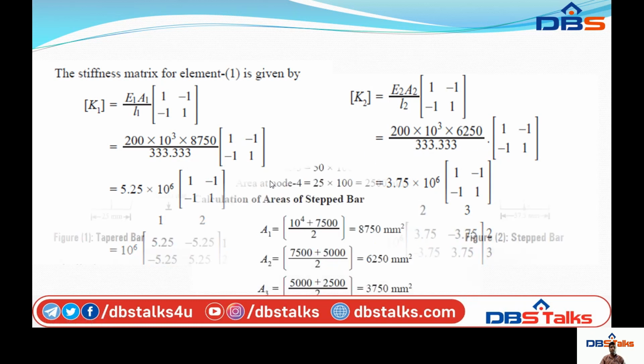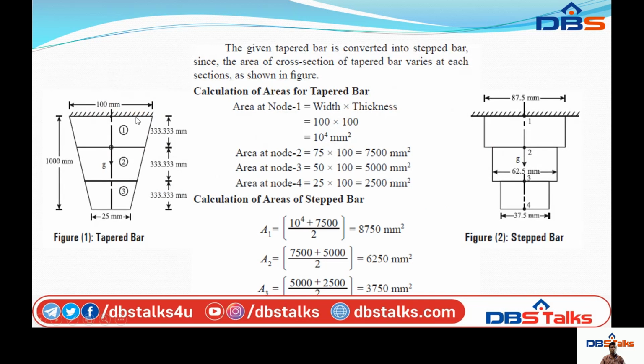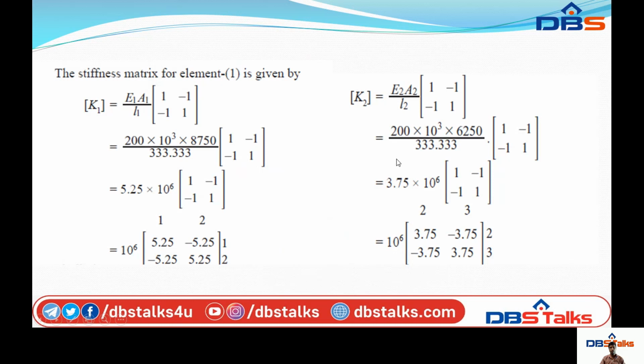Why? Because in the tapered bar we are distributing the total height equally among the elements, from 1 to 3, 333.333 millimeter. Then the value will be 3.75 into 10 power 6, with 10 power 6 taken as common. The values are 3.75, minus 3.75, minus 3.75, 3.75.